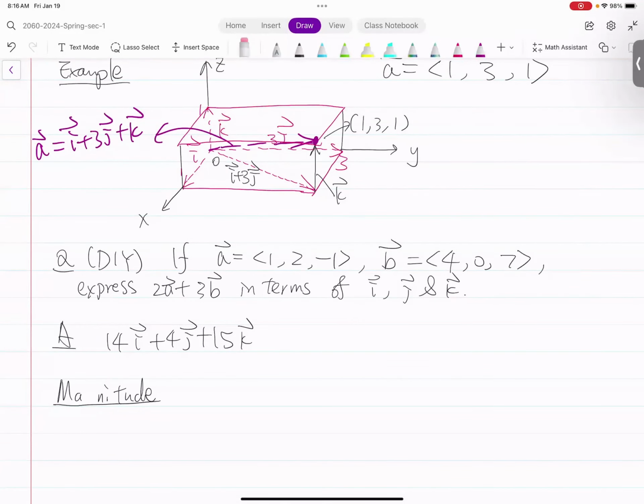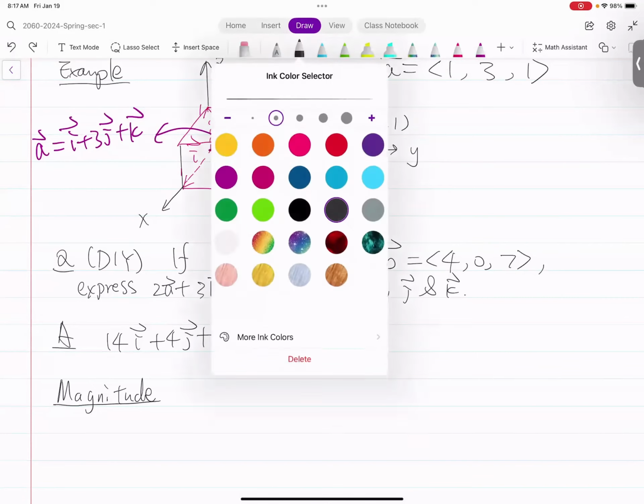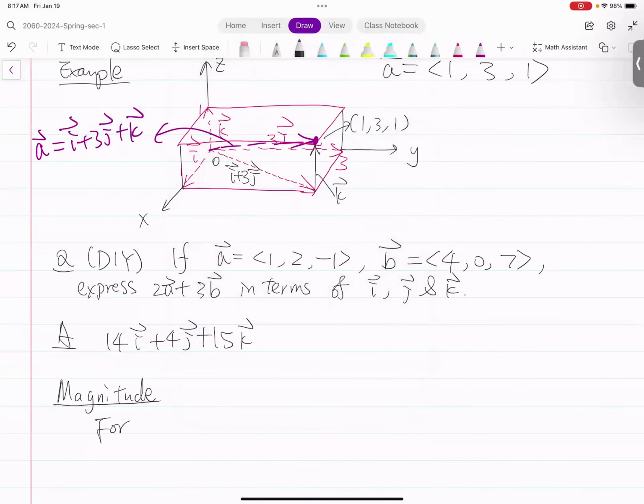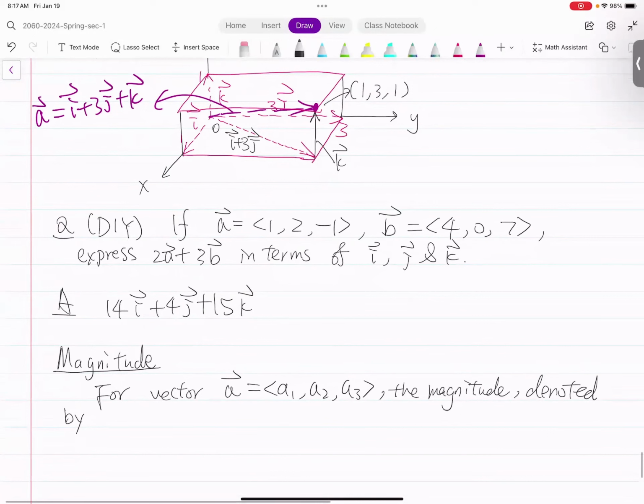So for vector A that has components A1, A2, A3, the magnitude is denoted by, so the notation is exactly the same as the absolute value notation of a real number.